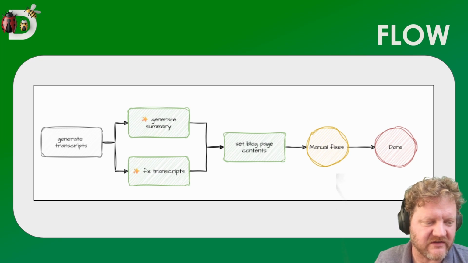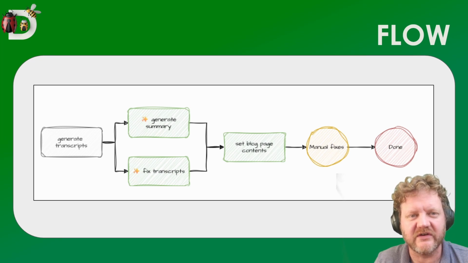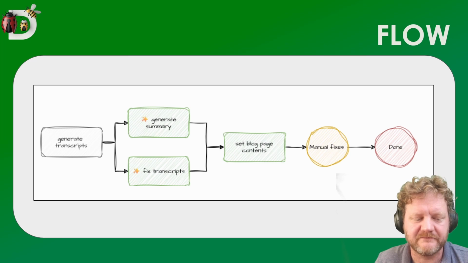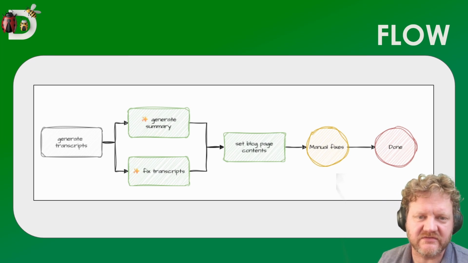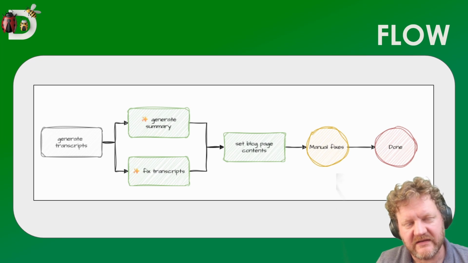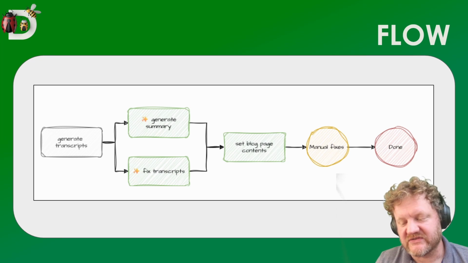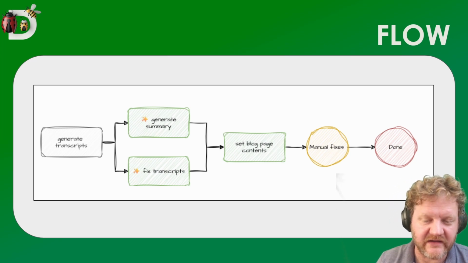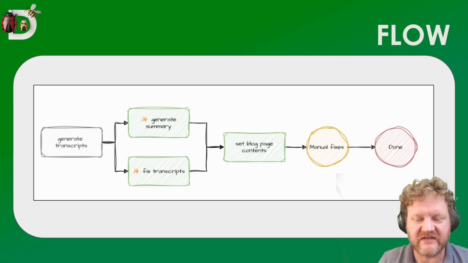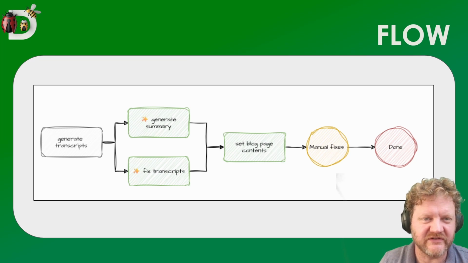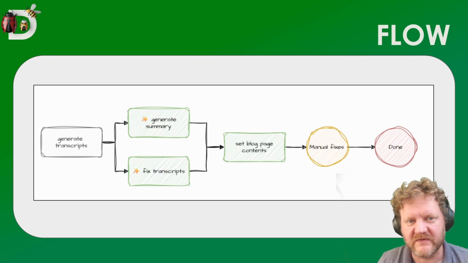For the podcast itself, I don't do any SEO optimization, because it's a moment in time, a capture of a moment in time. And when the content is generated by AI, I use GPT-4o Mini to set the blog page contents using the fixed transcripts.